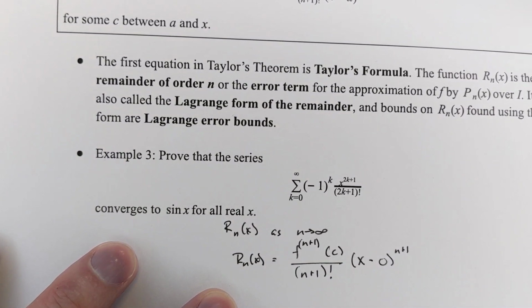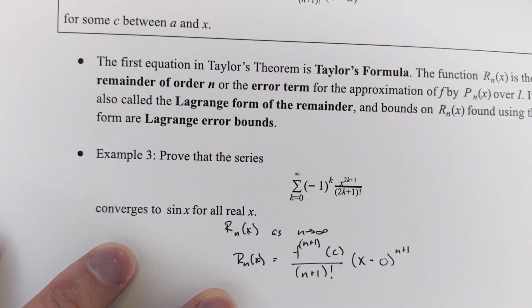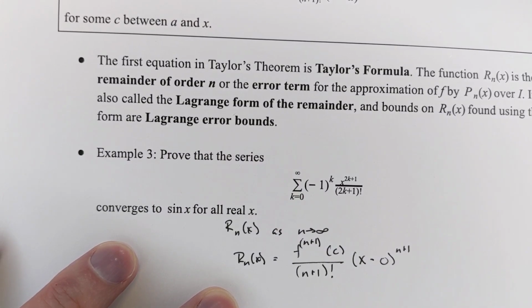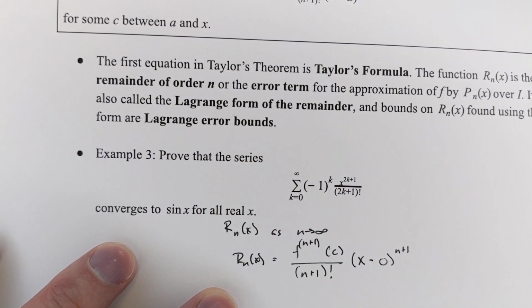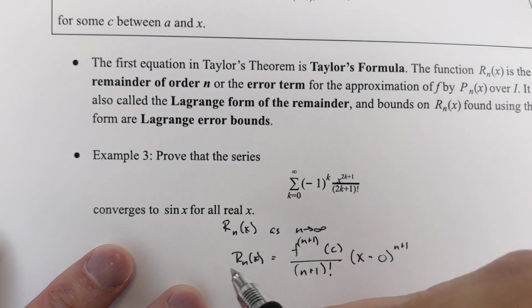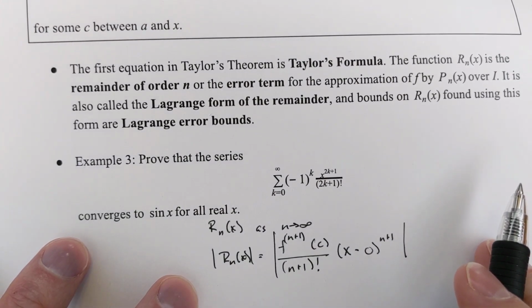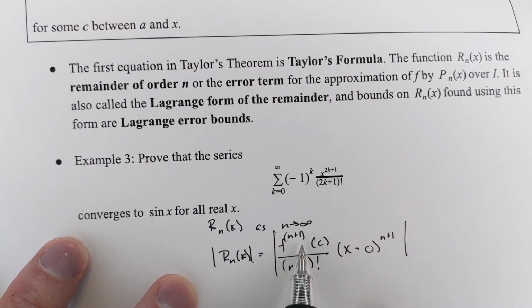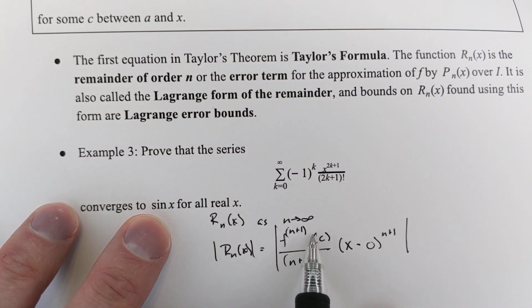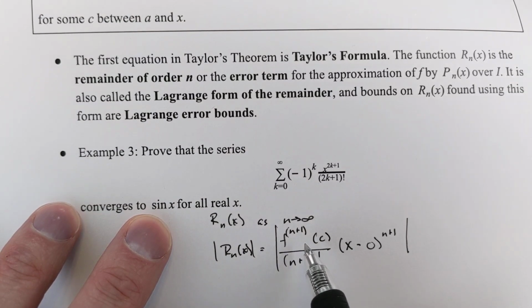So let's see, what can we do next? What I can do is measure the absolute value of this stuff. Because this is the derivative, and we're talking about the sine function, this will stay between 1 and negative 1.